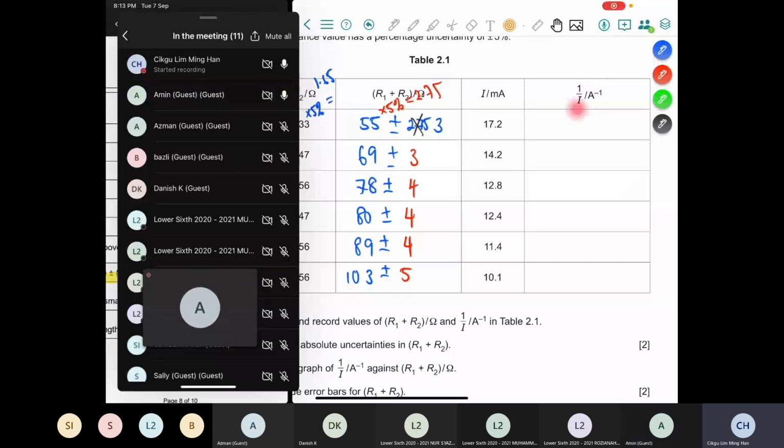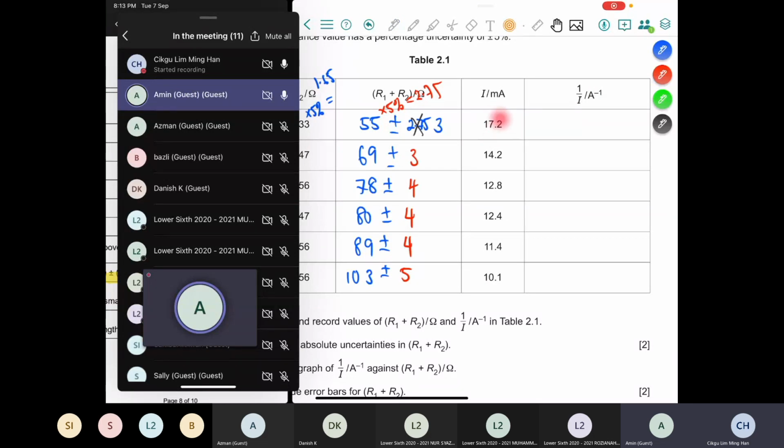Can you tell me how you get I? The last column. Yes. Okay. Our top column says 1 over I. We use the I from the previous column. For example, the previous column is 17.2.